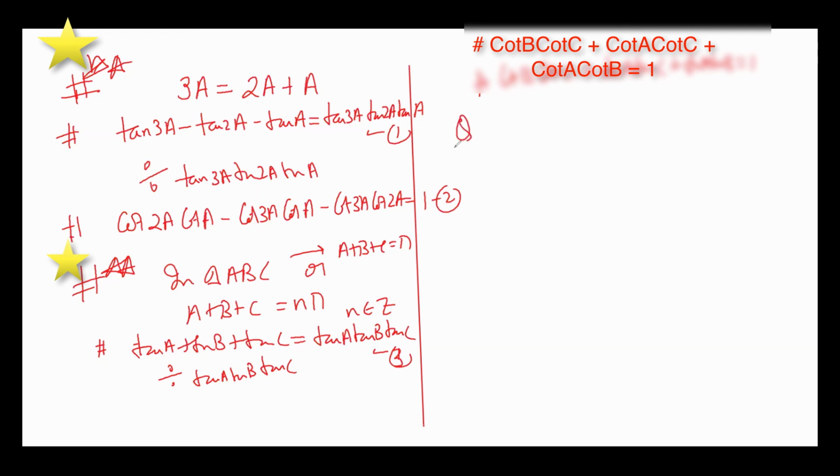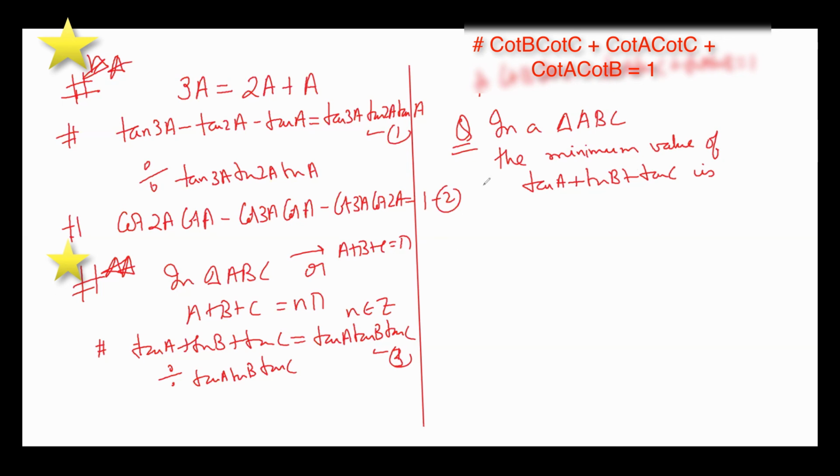And my question is, if in a triangle ABC, the minimum value of tan A plus tan B plus tan C is. So in that case, we have to find the minimum value.